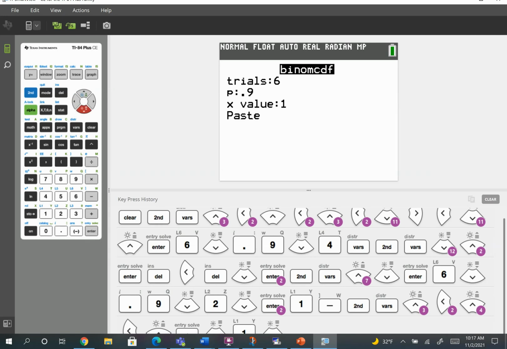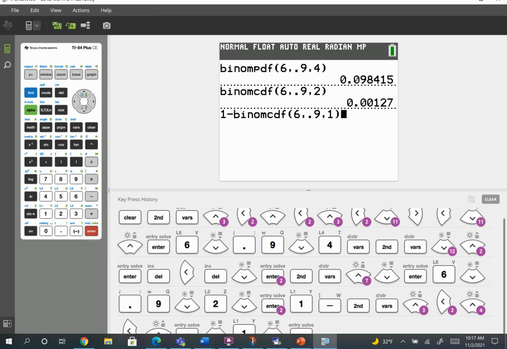So again, you can use this feature for the at leasts, but you have to do the complement choice. You have to do the 1 minus the complement to use this calculator feature. 1 minus, we hit enter, there's our matching probability.